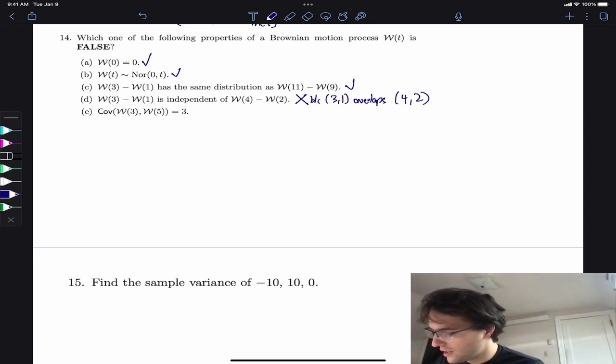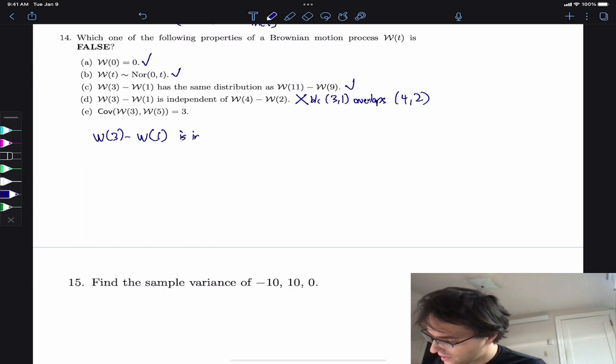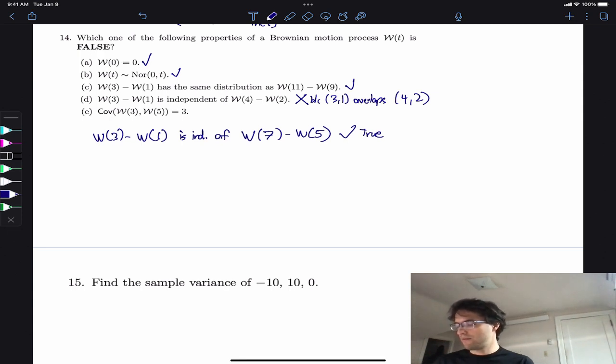If instead you said W of 3 minus W of 1 is independent of, let's say, W of 7 minus W of 5, this statement would be true, because the ranges are not overlapping. But in this case, because the ranges overlap, that's why this one's not true.